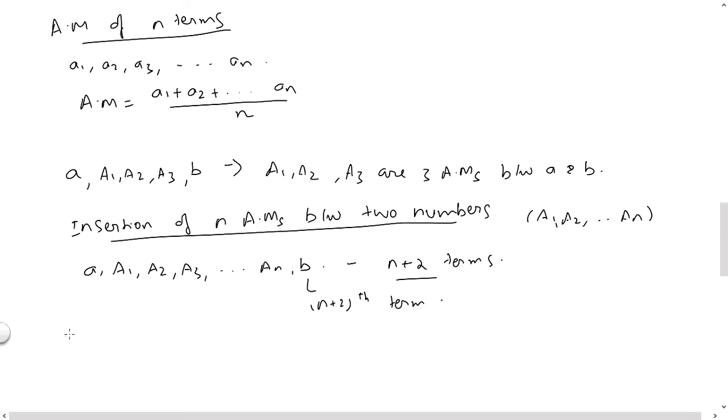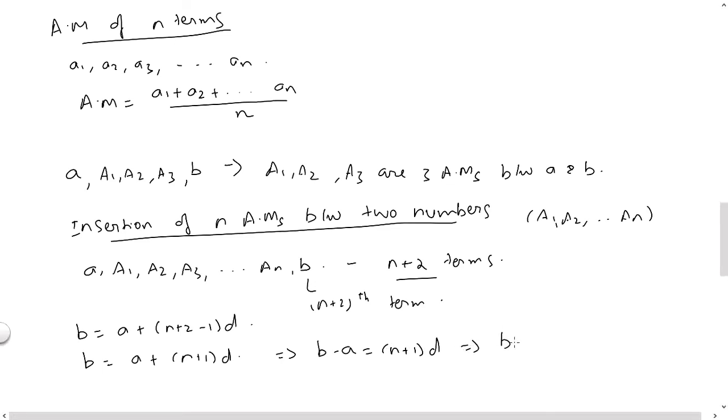So we can write B is equal to the first term A plus (n plus 2 minus 1) into D. So we will get B is equal to A plus (n plus 1) into D. So that gives us B minus A is equal to (n plus 1) into D. So that is (B minus A) by (n plus 1) is equal to D.